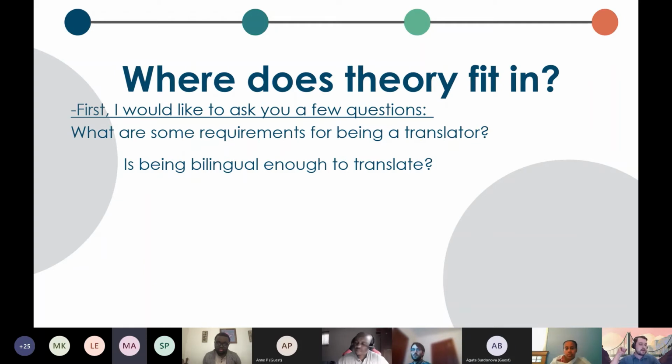There has been research that as your proficiency in both your target and whichever languages you speak goes up, your ability to translate between those languages also goes up. But of course, there are different considerations to look into there.